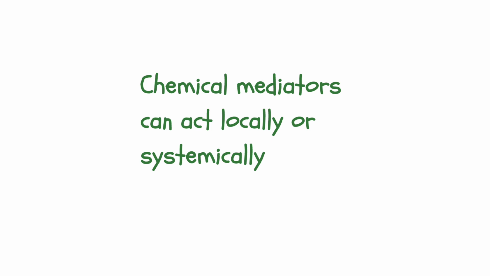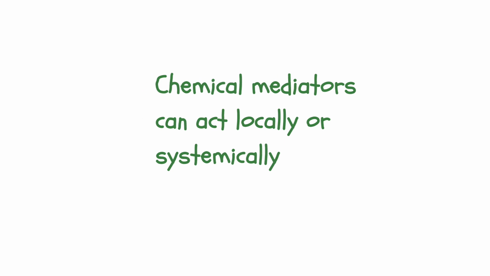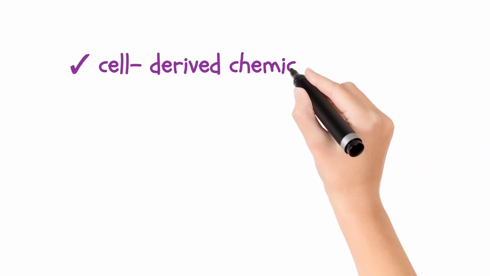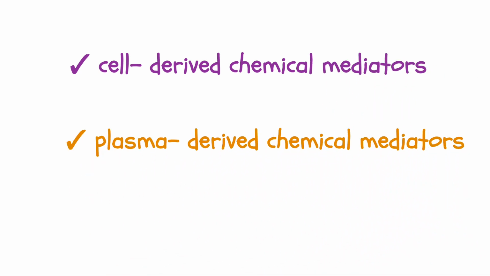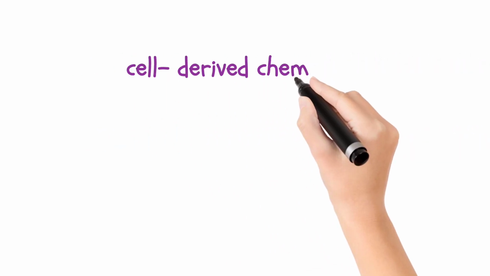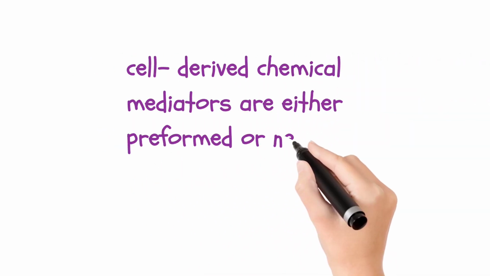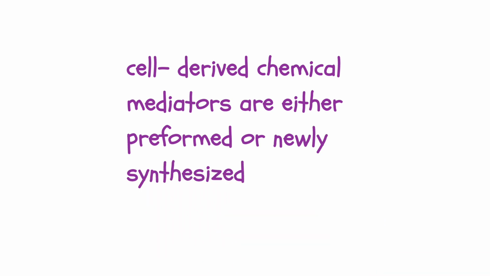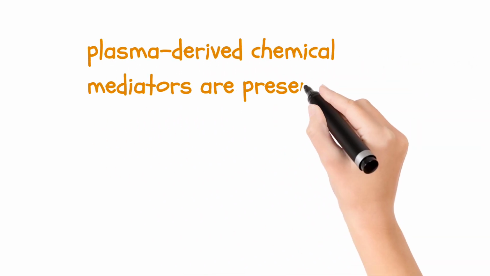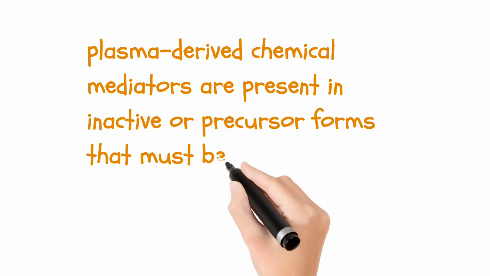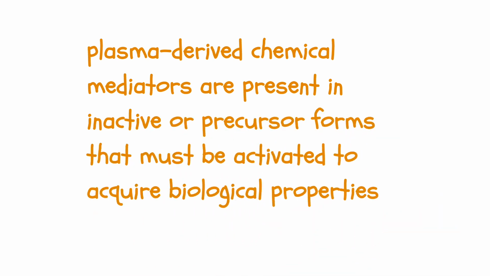Remember I said that the chemical mediators can originate either from cells or from plasma. So we have the cell-derived mediators or the plasma-derived mediators. The cell-derived mediators are either already formed, that's preformed, or are synthesized newly in response to stimulus, whereas the plasma-derived mediators are present in inactive or precursor forms that must be activated to acquire their biological properties.